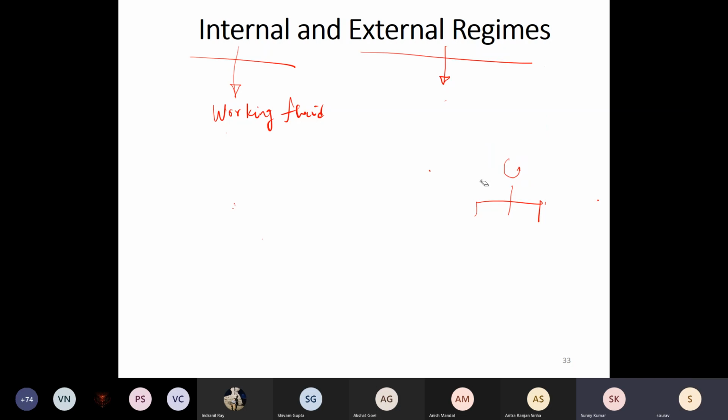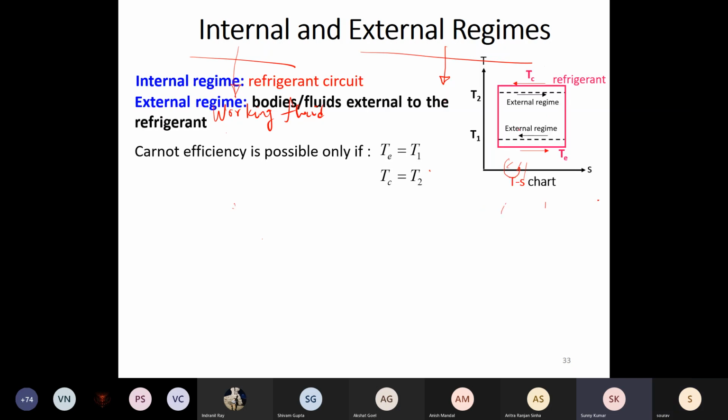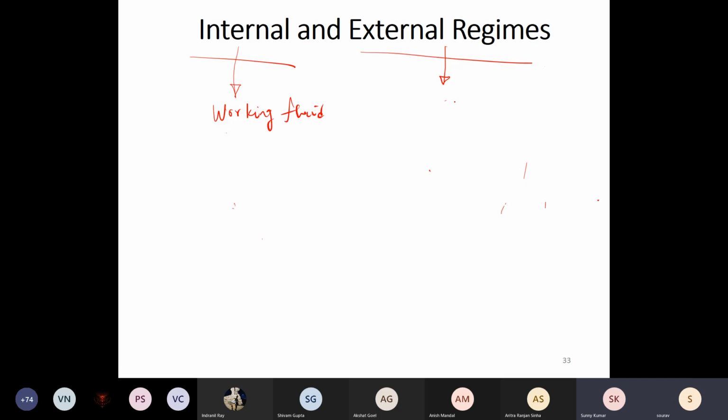So in case of a refrigeration system, the external regime on the condenser side is air. And on the evaporator side it is also typically air, if you are using it for air conditioning, cold storage or a refrigerator.